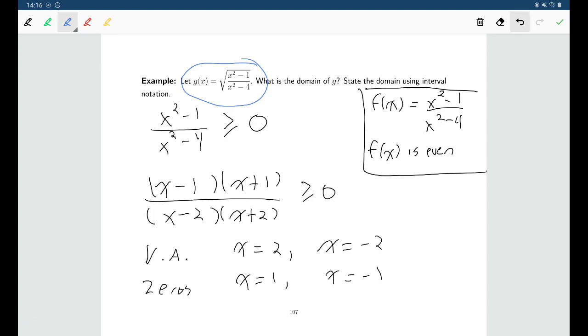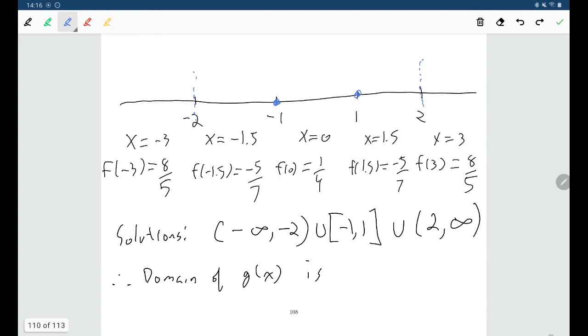And that's defined, as we said here, for values of x that are between far left up to -2, together with the values between -1 and 1, including the -1 and the 1, together with the values that are larger than 2.